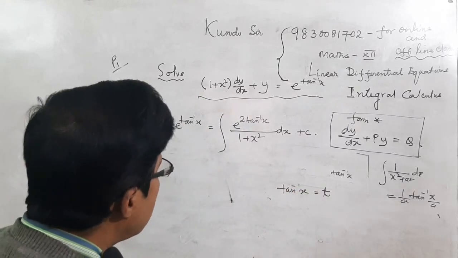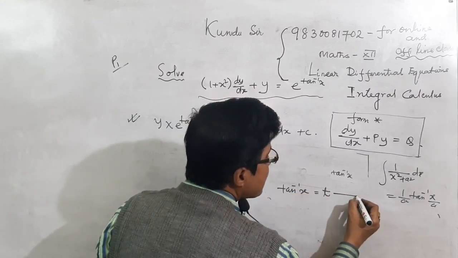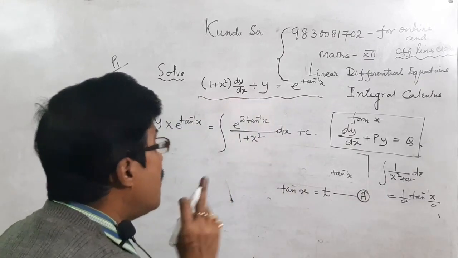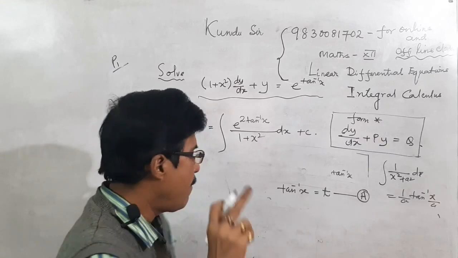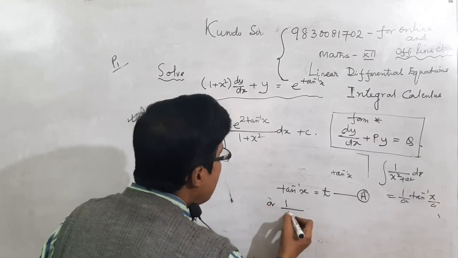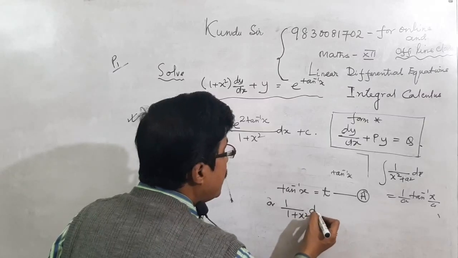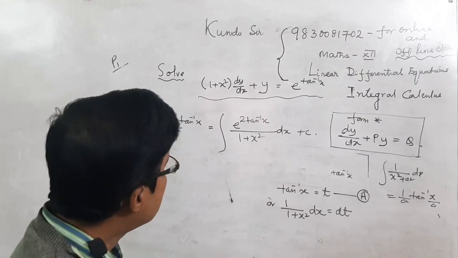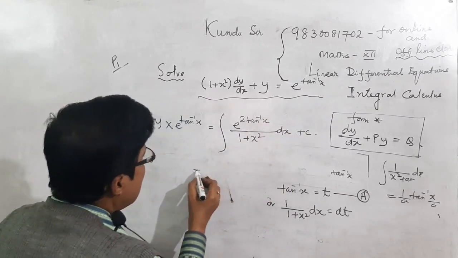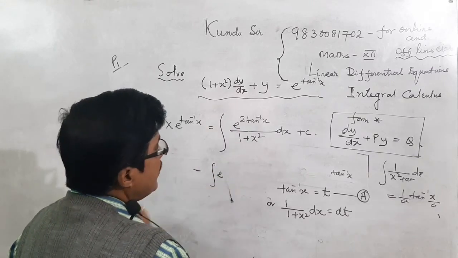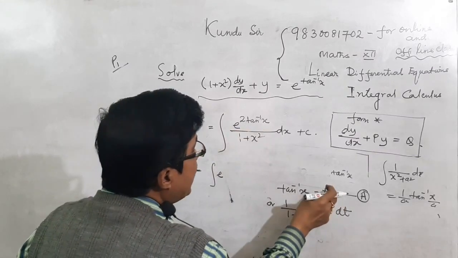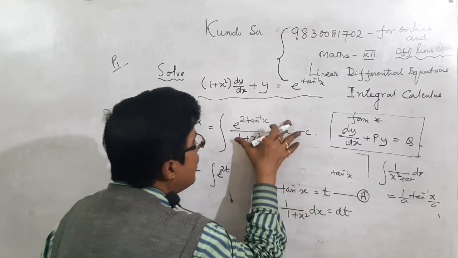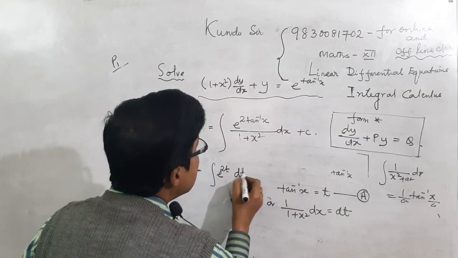So differentiating, 1 by 1 plus x square into dx equals dt. So this portion we can write e to the power 2t, and dx by 1 plus x square dx equal to dt plus c.